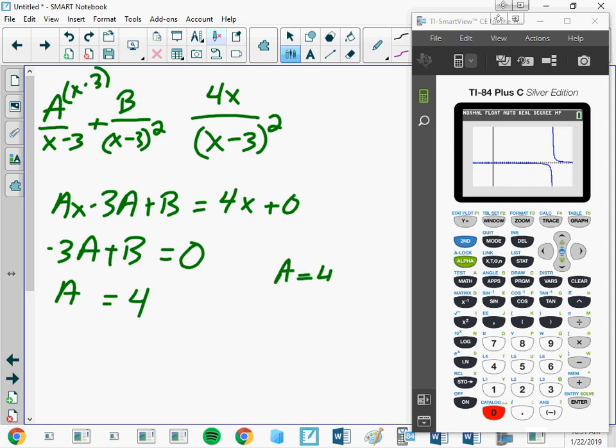And then how do I figure out the other one? Just plug 4 in there. That's negative 12 plus B is 0, so B must be 12. And the problem says, what is the numerator of the x minus 3 term? A, which is 4.